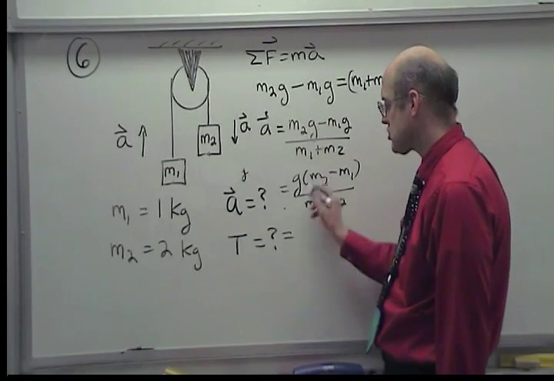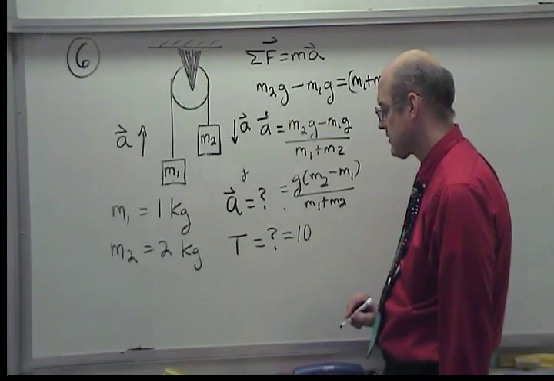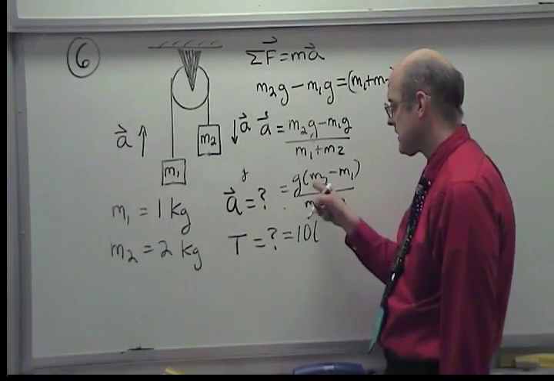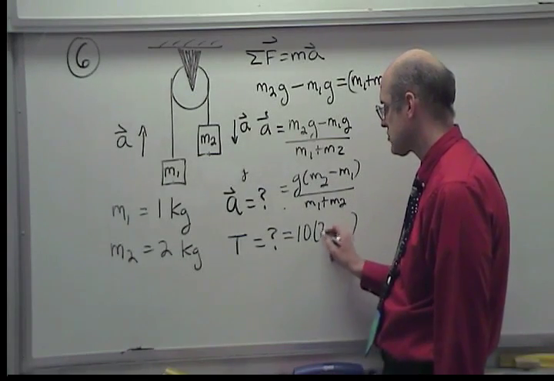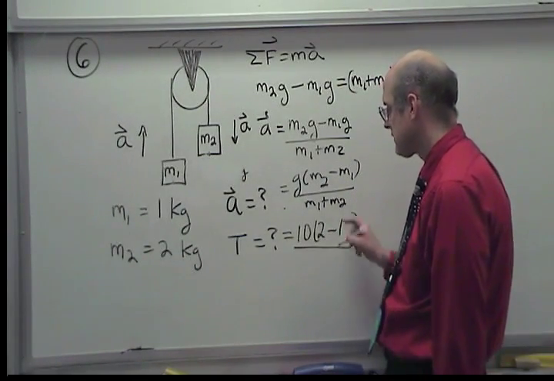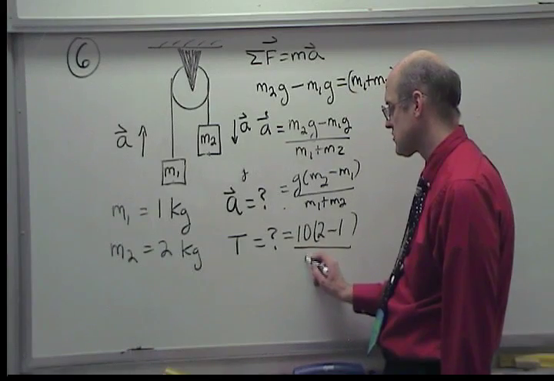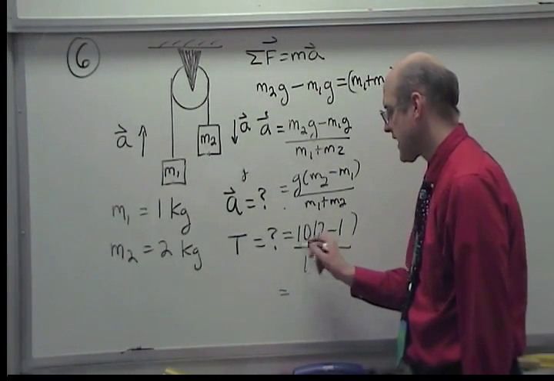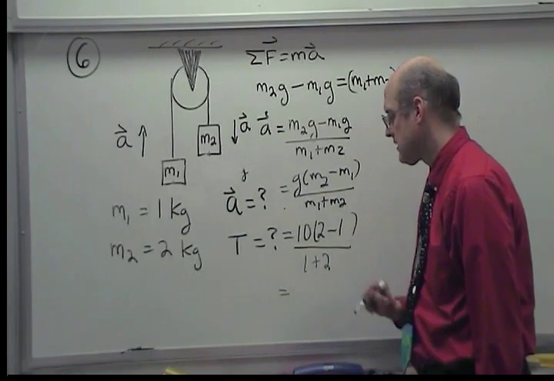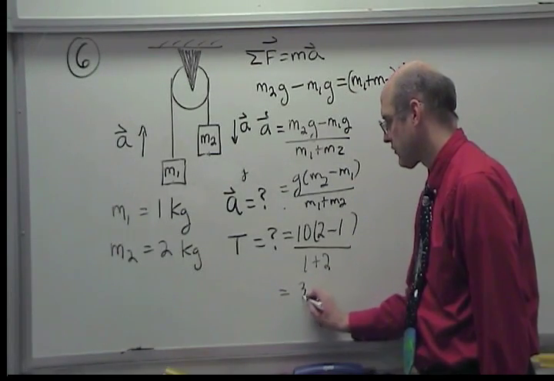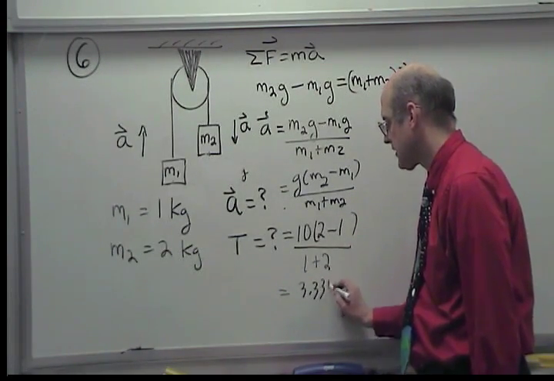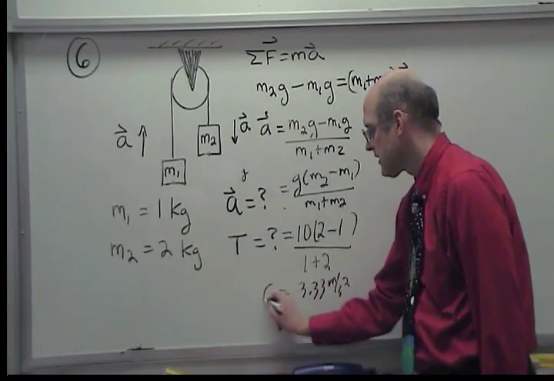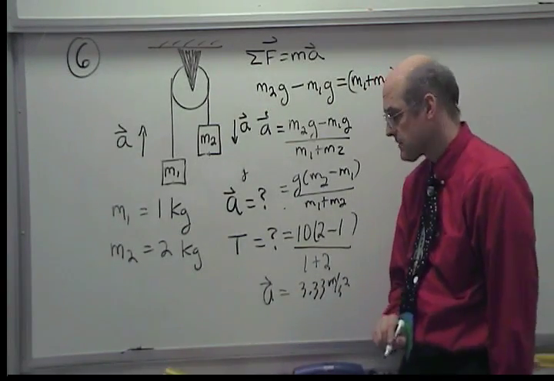So we're looking at g, which is 10 meters per second squared, multiplied by the difference in the masses, 2 minus 1, divided by the summation of the masses, 1 plus 2. So we have here 10 times 1 divided by 3, or 3.33 meters per second squared, is the acceleration of the system.